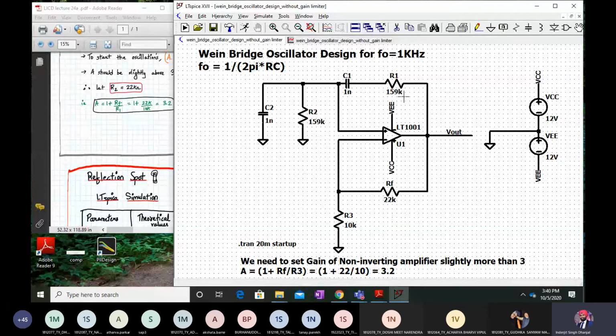This feedback network provides a phase shift of 0, because at resonance at f naught, at around 1000 hertz, the phase shift provided by both the series RC and the parallel RC network will be 0. We will see that in detail when we study the theory. Don't worry about it. And how is the other phase shift satisfied? You remember, this is a non-inverting amplifier, and in a non-inverting amplifier the phase shift is already 0. So that's how the phase shift criterion is satisfied.